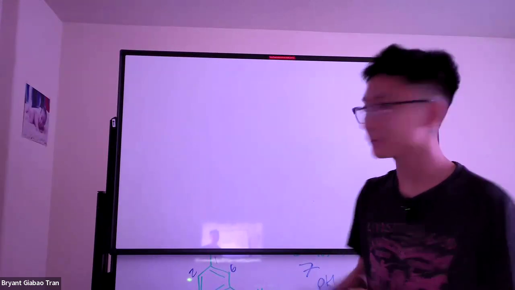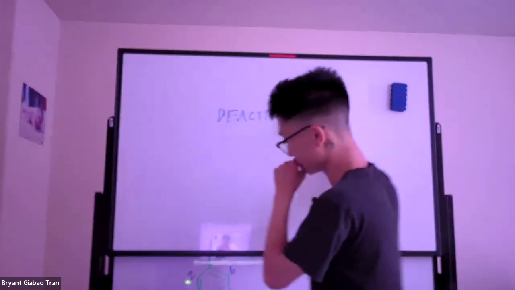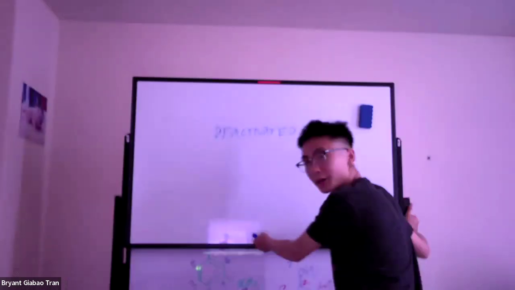And what does it mean for a benzene ring to be deactivated? What kind of groups are attached to the benzene ring? EDGs or EWGs? Which one is an activator? EDGs. What do EDGs do to the benzene ring? Do they donate electrons or withdraw electrons?